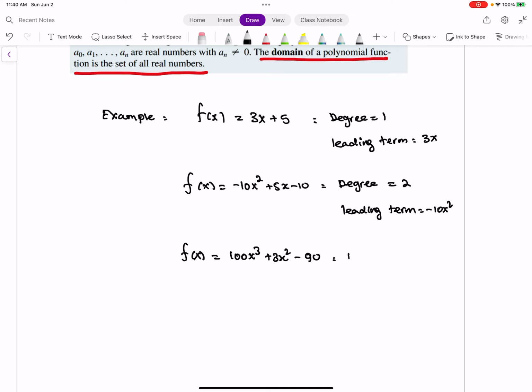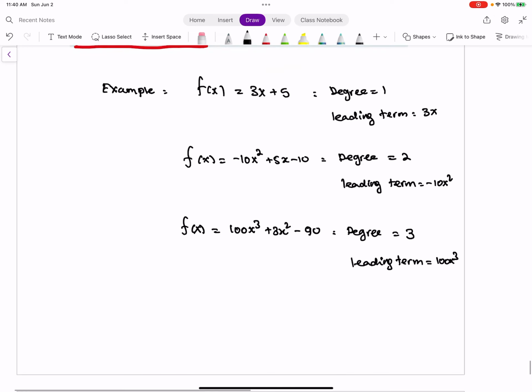So this one is degree 3, and the leading term is 100x cubed. This one is the leading term, and this one is known as the constant term. That means a term without any variable is known as a constant term.